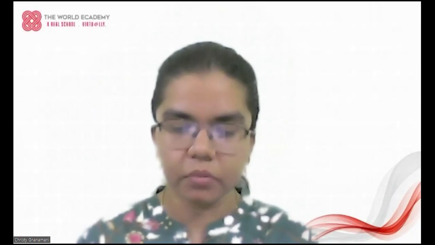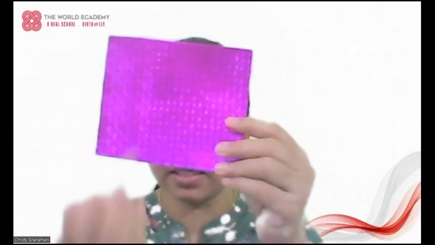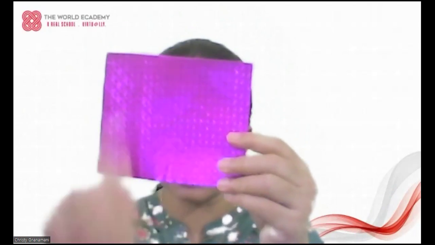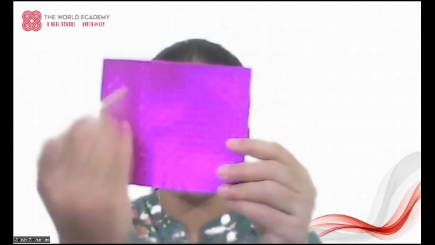So I'm taking a scissor, and first we can make sure that we draw some lines on the rectangle so that you are dividing it into three equal parts, and that's what I'm doing now. Okay, I'm drawing some lines here, and I'm dividing it into three equal parts.